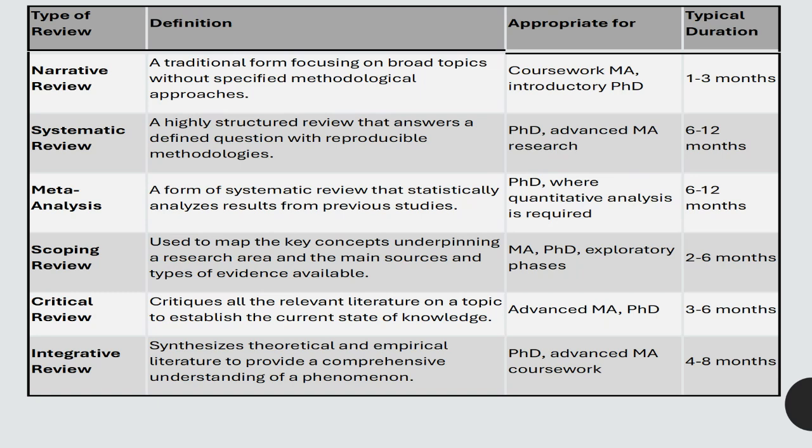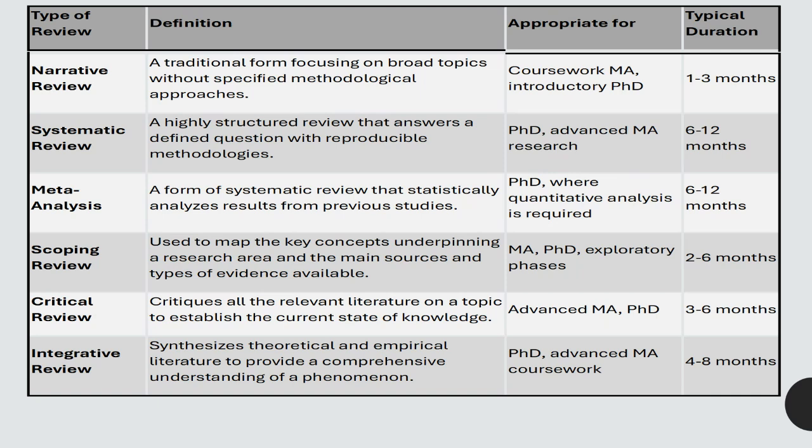Then a critical review critiques the relevant literature on a topic to establish the current state of knowledge. All reviews have a critical aspect in them, but the main aim of a critical review is to critique all the relevant literature on a topic. So it is on quite a high level, where you really critique what is out there.